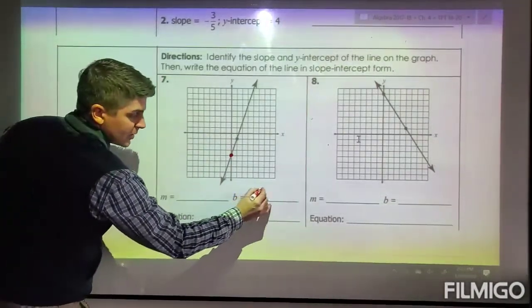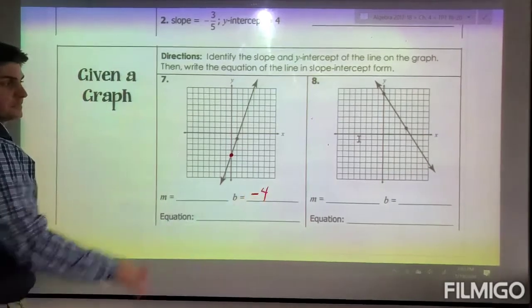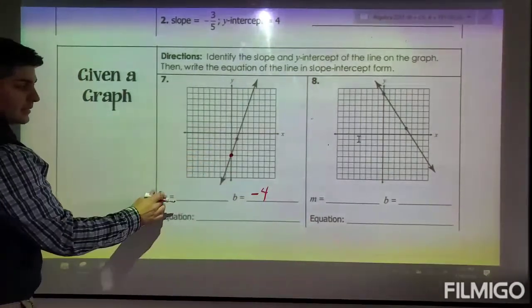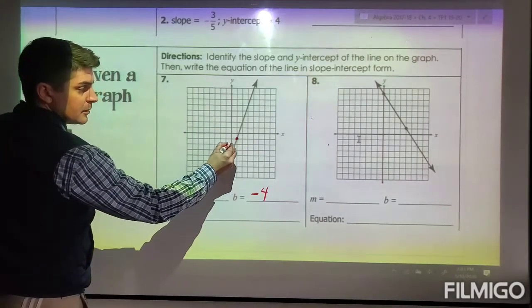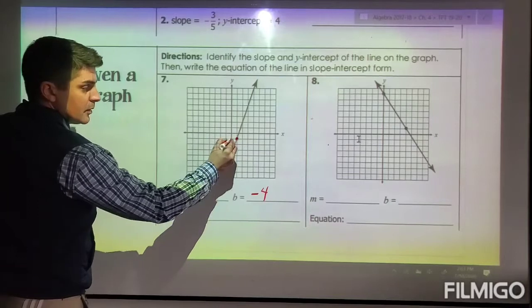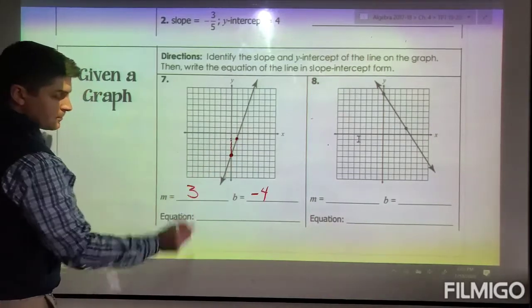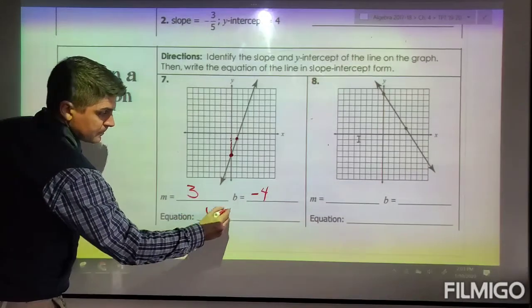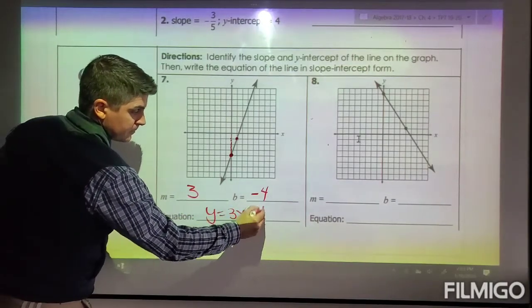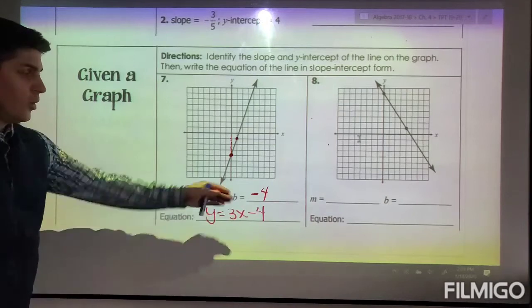So the y-intercept is -4 because it's below 0. And then the slope, well, here's a point, and here's a point. So I'll count my rise. 1, 2, 3, over 1. Now you got to write in slope-intercept form. Done. Slope, y-intercept.